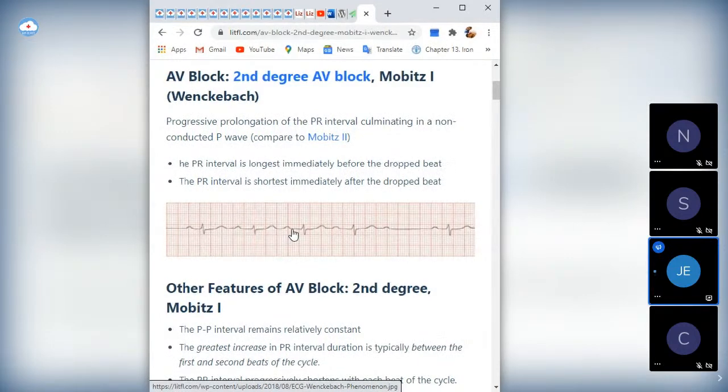This one is longer than this one. Then this one has only a P wave, no QRS. So it has skipped one. It now starts again. So it is Mobitz type 1.